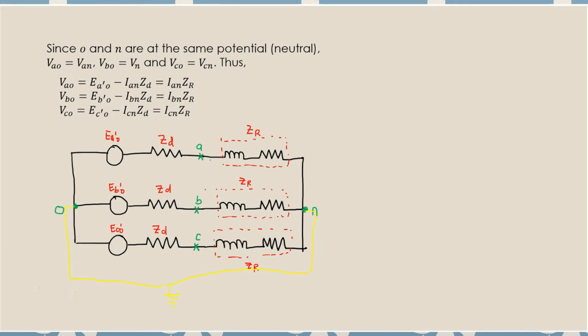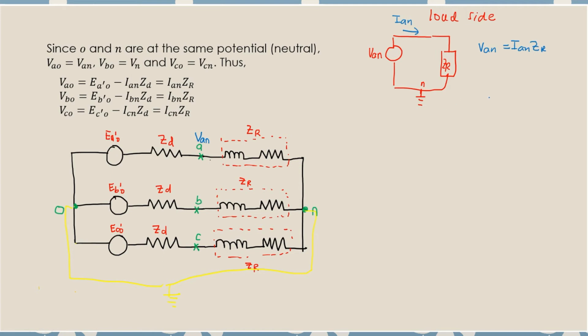Now the load side. We are assuming you have ZR connected to N. So this is your VAN, the voltage at point A with respect to point N. From here you can calculate your VAN: if you take this as your IAN, you get IAN ZR.